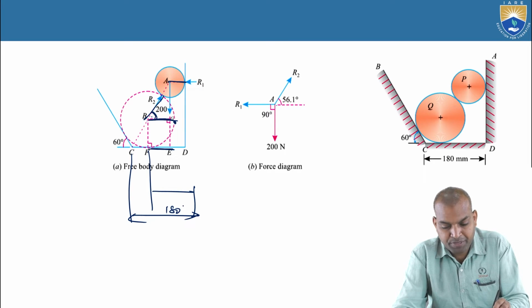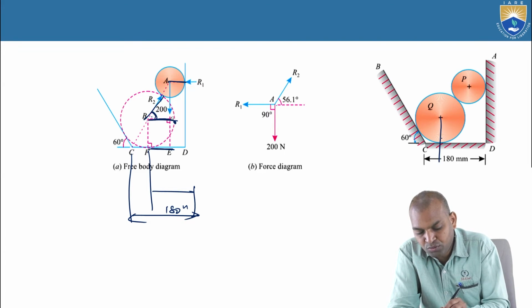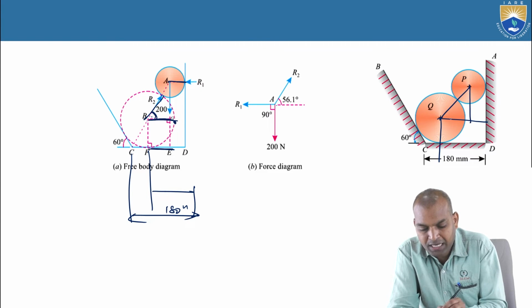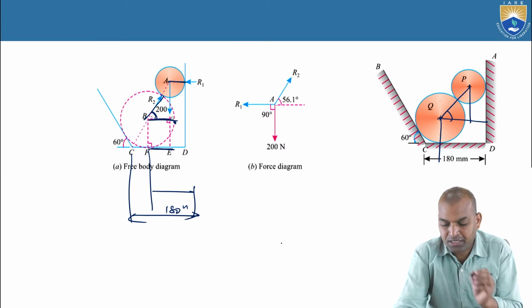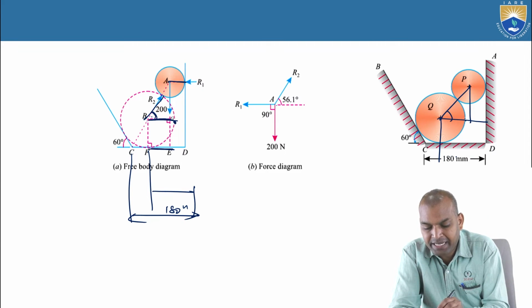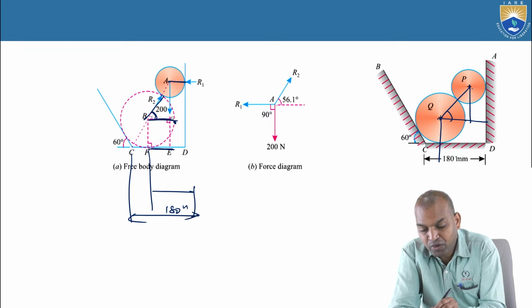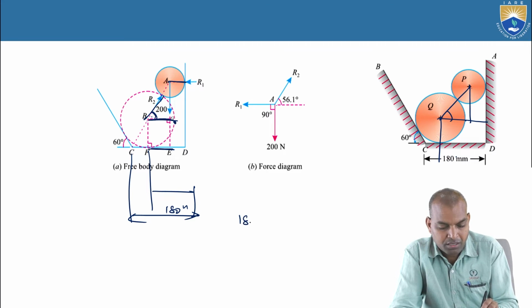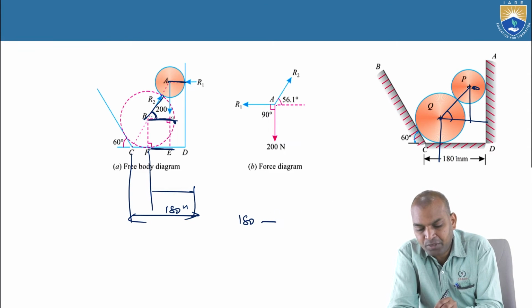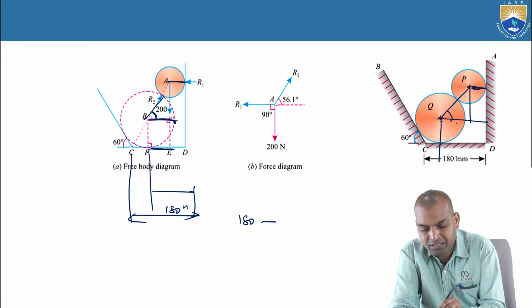But we have to know what this portion is, so that we can know the angle of inclination. So 180 minus the radius of the P wheel, then we'll get this width, that is Q1.